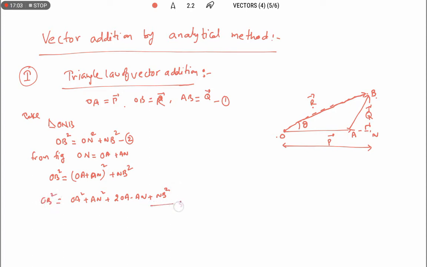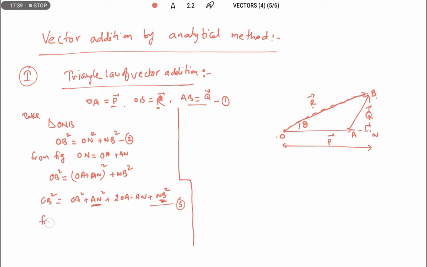This is number 3. In this we have the values of OB known as R, OA known as P, and AB known as Q. But what are the unknown quantities in this expression? AN and NB are the unknown quantities. So now let us find the values of these unknown quantities AN and NB with the help of this right angle triangle ANB.